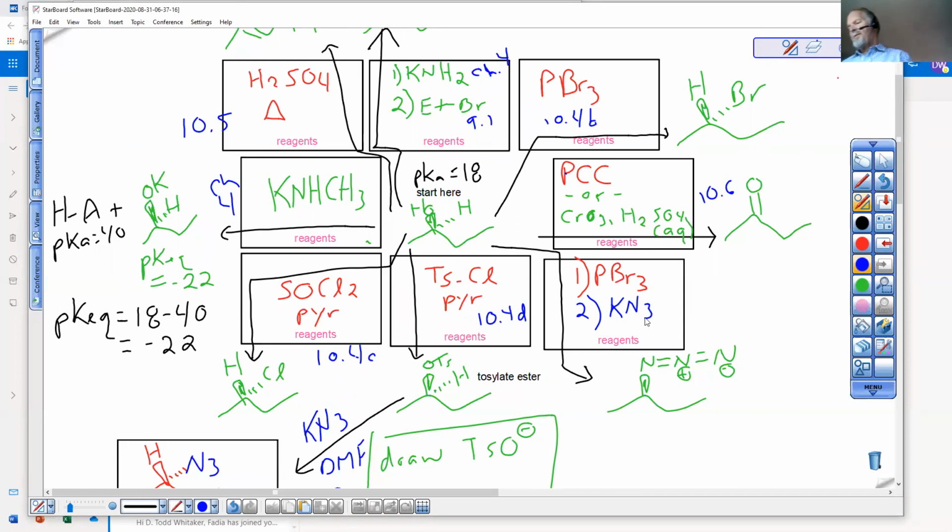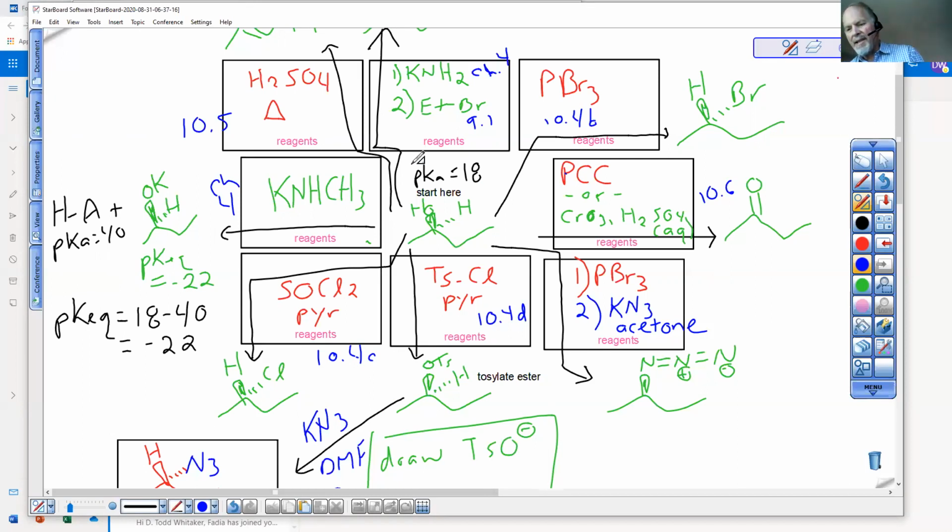We could use acetone. So when you go back to chapter 9, just review the 4 polar aprotic solvents. They're very good for SN2 reactions. We have dimethylformamide, DMF, acetone, dimethyl sulfoxide, and acetonitrile. And they all accomplish that.